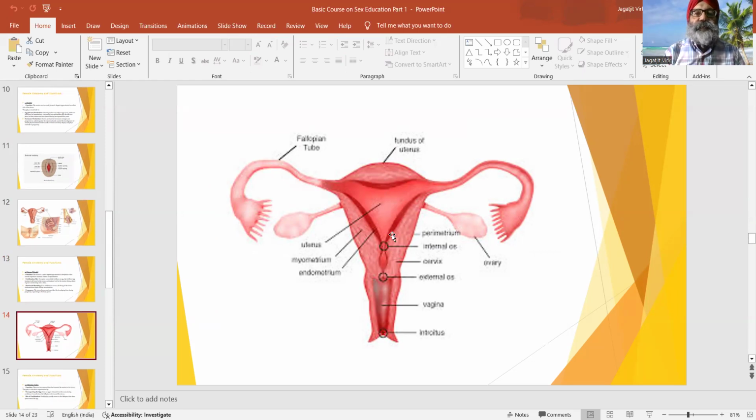These are the endometrial lining, and this is myometrium, and this is the os or cervix, and this is internal os, this is external os, this is the perimetrium alongside, and this is the vagina, and this is called introitus. This is the whole picture of female genitalia.